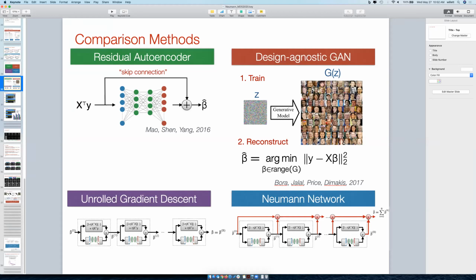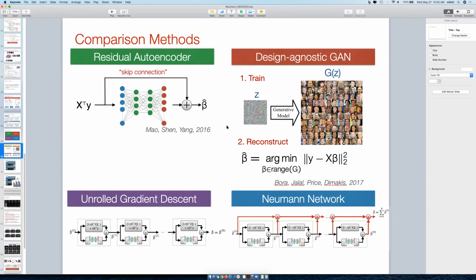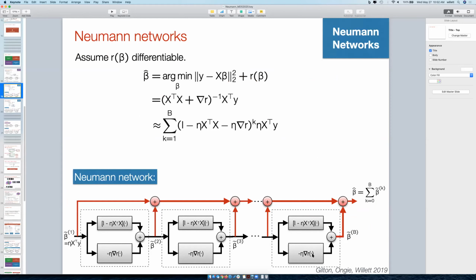I wouldn't precisely say that, because if we go back to the, which slide was it? Right, so within the Neumann network, we do have this sort of gradient of the regularizer. And so what we explicitly are learning is the regularizer gradient and not the regularizer itself. But it's a fine question.